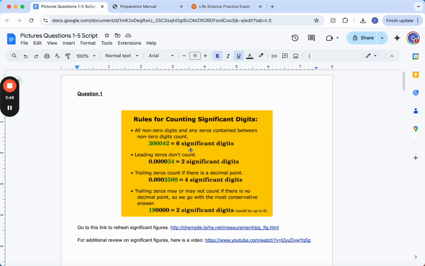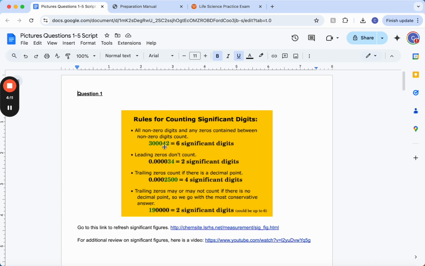So I'm going to flip over now so we can talk about what significant figures are and give ourselves a refresher here. These are the basic rules of significant figures you can see in this picture. The first rule says all non-zero numbers and any zeros contained between non-zero numbers are considered significant digits. In this first example, the 3 is a non-zero number, so that's significant.